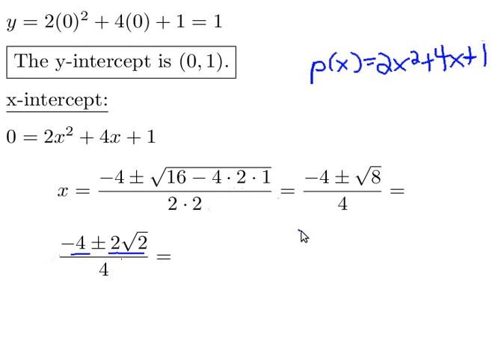So just like how if we have x squared plus x is equal to x times x plus 1, I just took out the greatest common factor. I can do the same thing here. So this is going to be equal to 2 times negative 2 plus or minus square root of 2 all over 4.